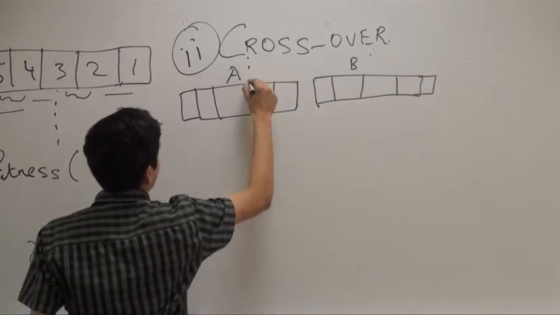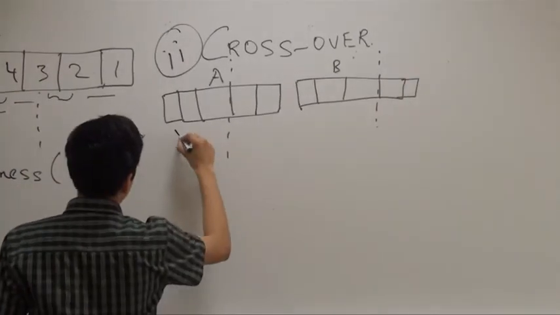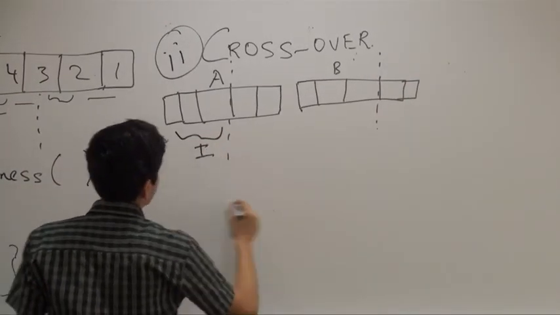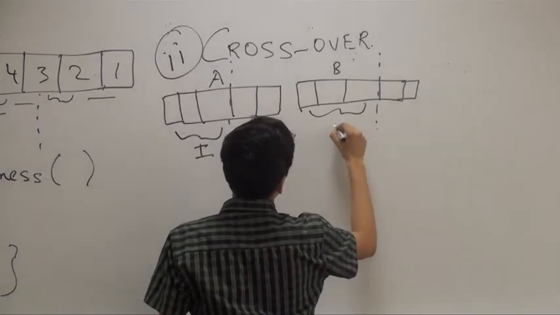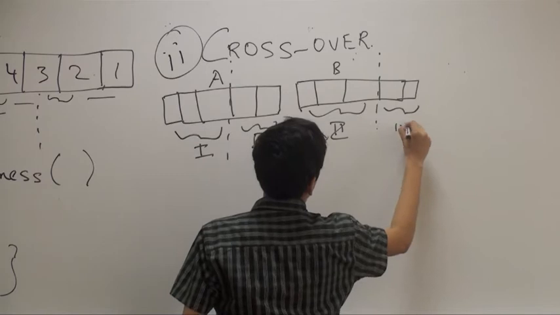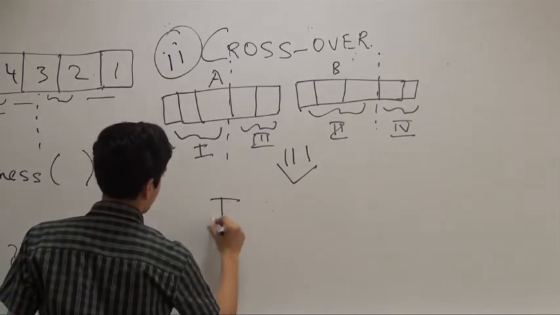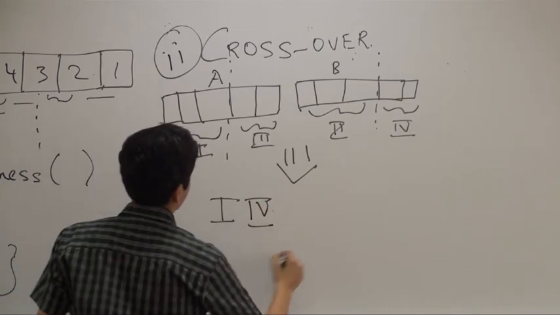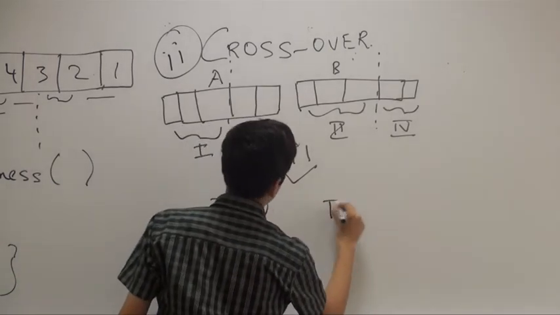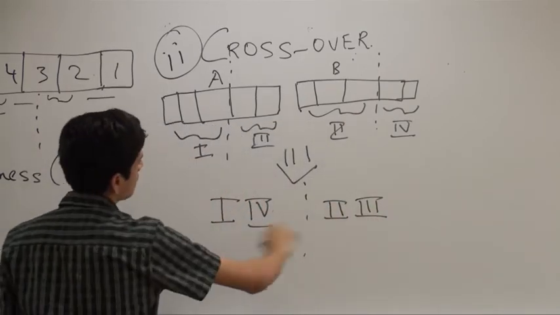Say this is my crossover point, and this part I call 1 and this part I call 2, and this is 3 and this is 4. Then what I get as a result of this crossover will be 1, 4 and 2, 3. So these are two of the offspring.